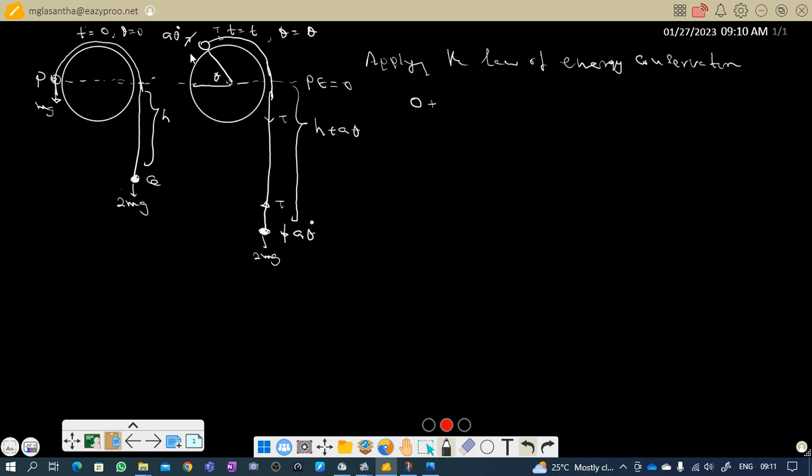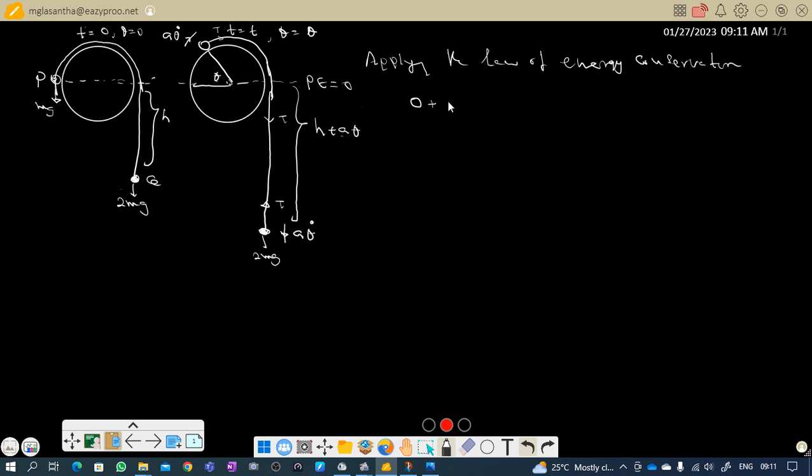Why h plus a theta? Because this rotation is angle theta, then the distance traveled by particle P is a theta. The increase in the distance is a theta for particle Q, right?